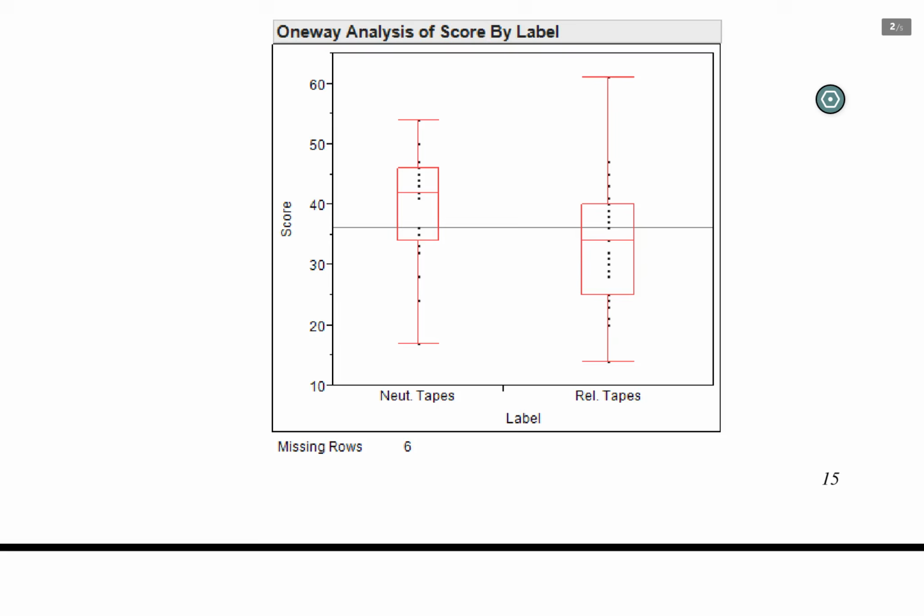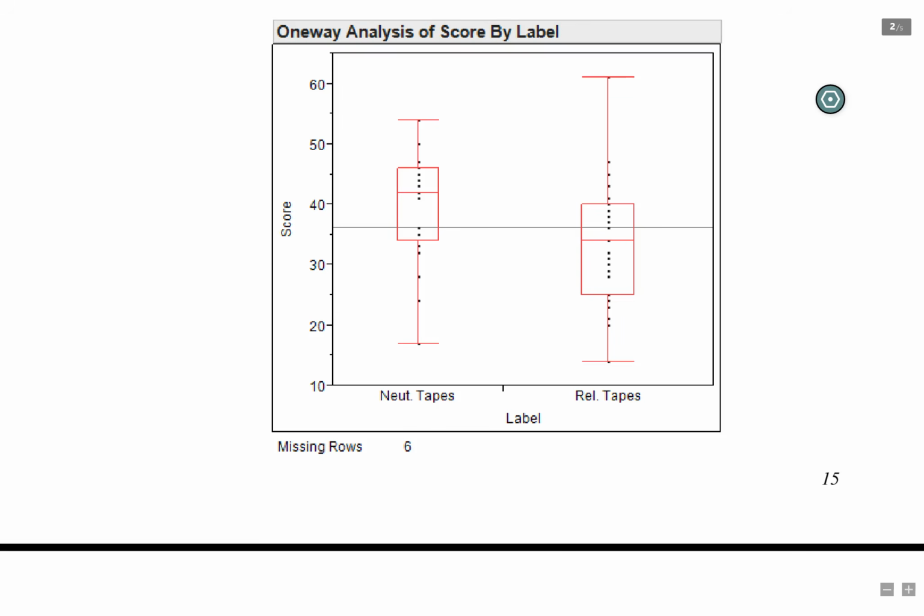But if you look at it, you get a sense that the overall scores for the relaxation tapes had more variability overall, but there was a big chunk of the relaxation tape subjects that had lower anxiety scores than those that watched the neutral tapes. Okay.